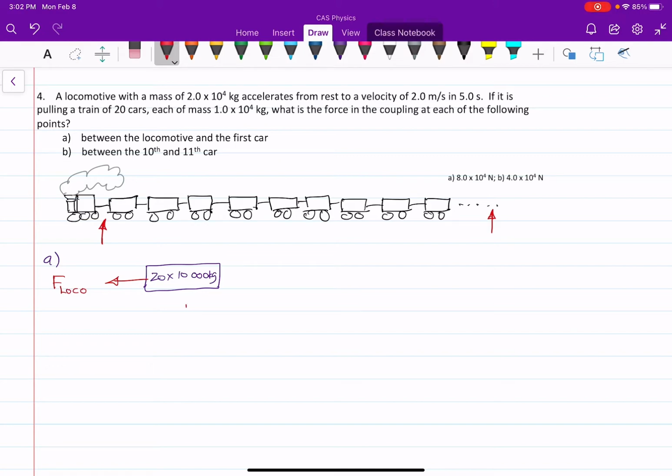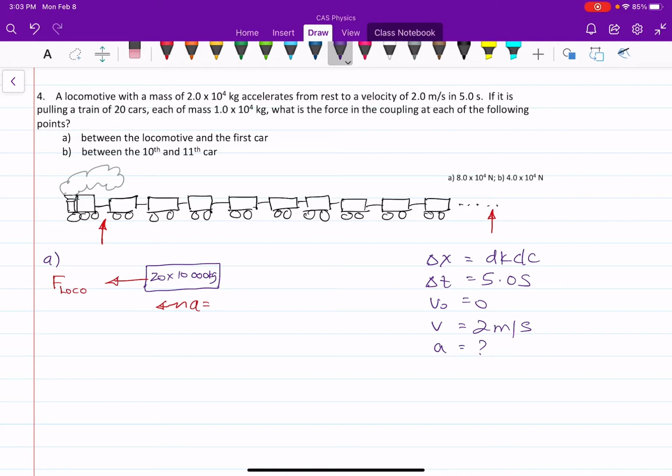And then we know that it's going to accelerate, but we don't know what that acceleration is. So first thing we can do is figure out the acceleration. Delta x, delta t, v naught, v, and a. It tells us it goes from rest to a velocity of 2 in 5 seconds. We don't care about the distance it has to travel, but we're very interested in the acceleration.